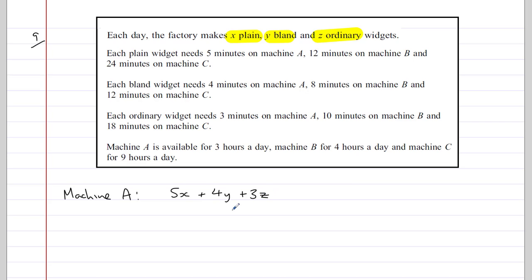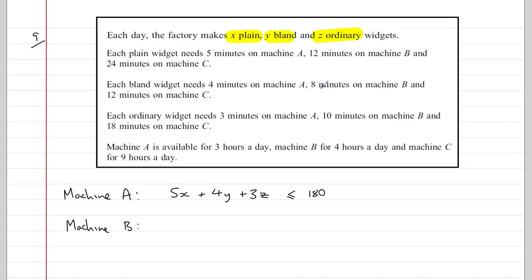This expression represents the total time spent making widgets using machine A, which is available for 3 hours a day. But be careful, because this expression is in minutes, so the right hand side must also be in minutes. 3 hours is 180 minutes, and that is the maximum time available, so this must be less than or equal to 180.